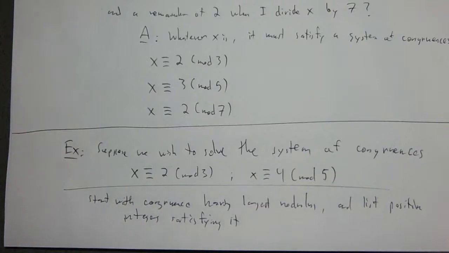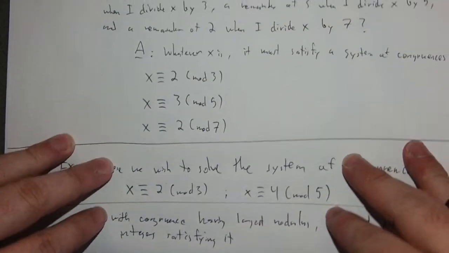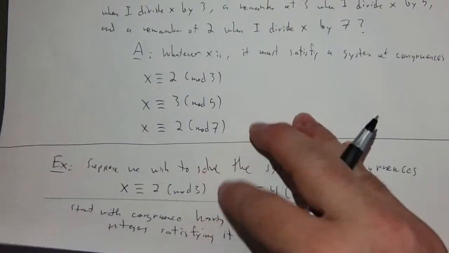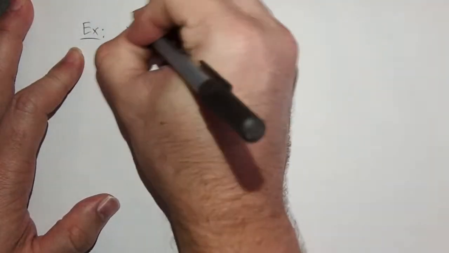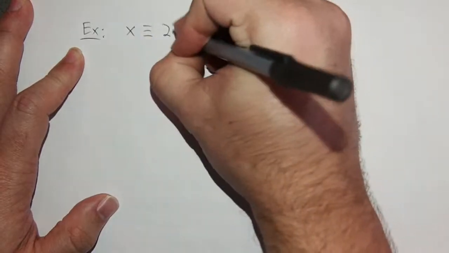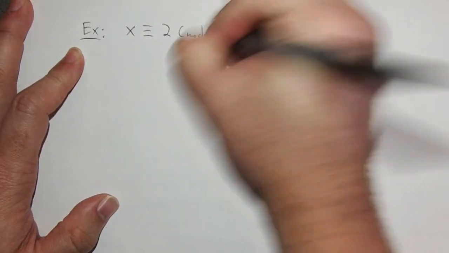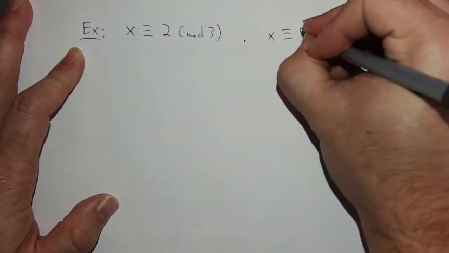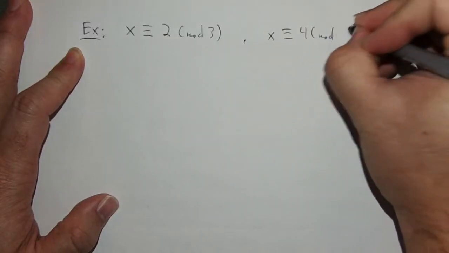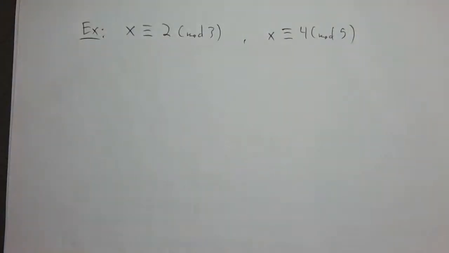Okay. All right, let me get another sheet of paper and I'll restate those. So my example, I have the following two congruences. x is congruent to 2 mod 3, but simultaneously x is congruent to 4 mod 5. Okay. All right.